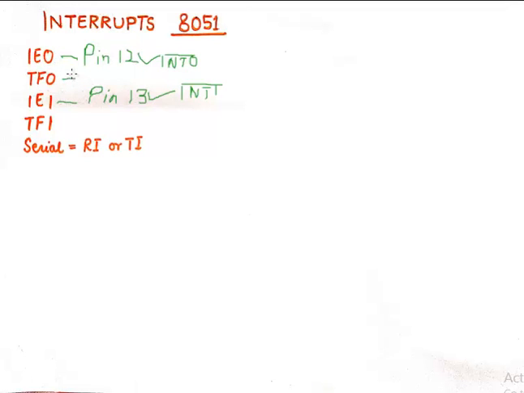Now the second interrupt is the timer overflow 0 interrupt. This is one interrupt that you'll find if you study the functioning of the timers of the 8051. The timers of 8051 are up timers, or in other words, if we put a value in a timer, it starts to increment until it reaches all ones.